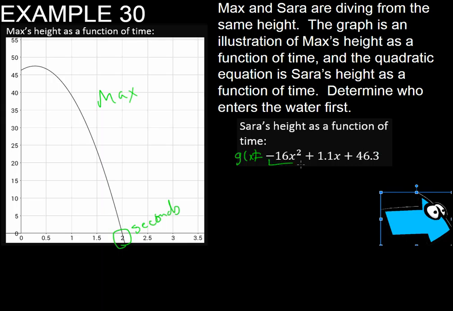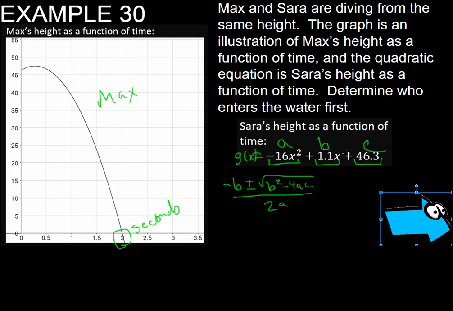And unfortunately, the only way to do that, since we have a function in standard form, is to use the quadratic formula, which is negative b plus or minus the square root of b squared minus 4ac all over 2 times a. So here we have a, b, and c. So let's plug it in.